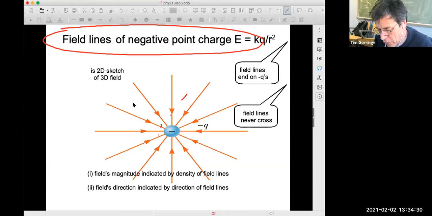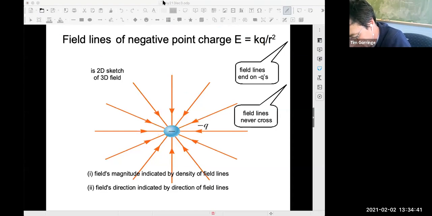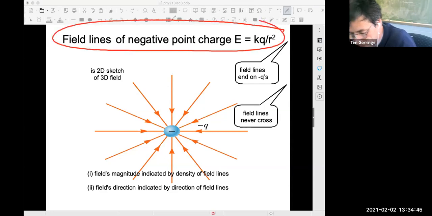Here are the corresponding field lines for a negative charge. So this is the field lines of a negative charge.